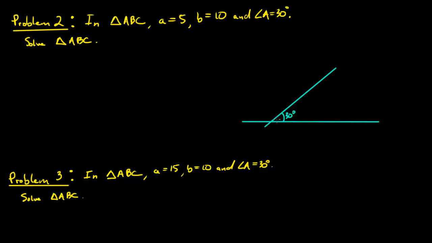This is angle A. This is going to be side C. This would be side B, which is equal to 10 units. Since these are the same numbers as before, except for A, which is the only value that's different here, I can draw out the same diagram.